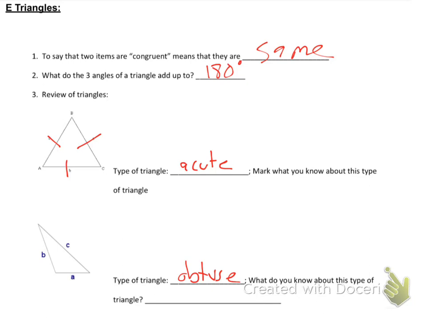If everything is equal, it's an equilateral triangle. That's a really bad spelling there. It's an equilateral triangle, all three sides are the same. And of course, it would be classified as an acute triangle as well.